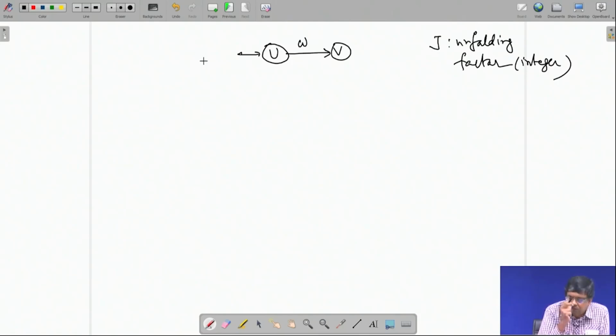So, instead of one single line or one process, this process will be copied, parallelized. Earlier there was one line and one process, now there will be j copies, U0, U1, dot dot dot, Uj minus 1, identical, parallel. Earlier I had one line, now I have got parallel lines.